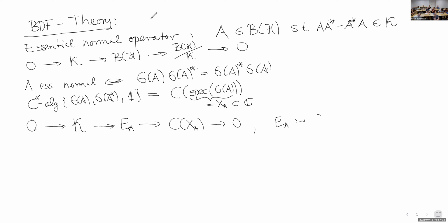Remember that I take the C star algebra generated by A, fix A star 1, and since commutators are compact, we take all compacts.